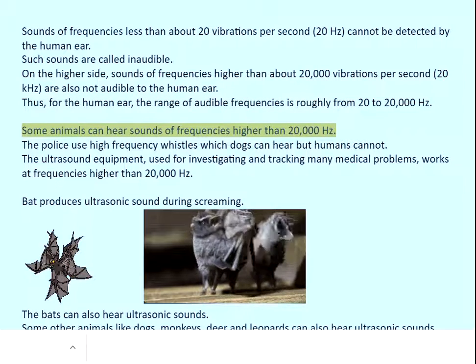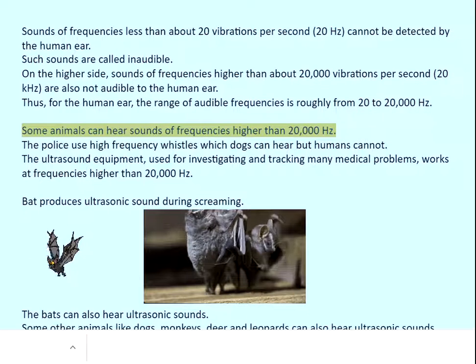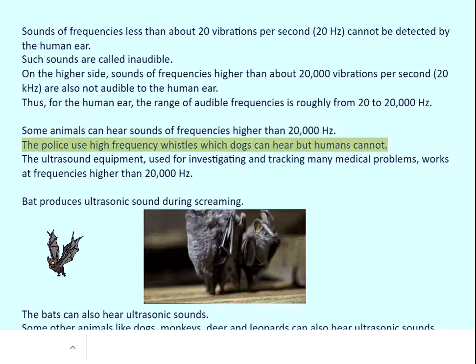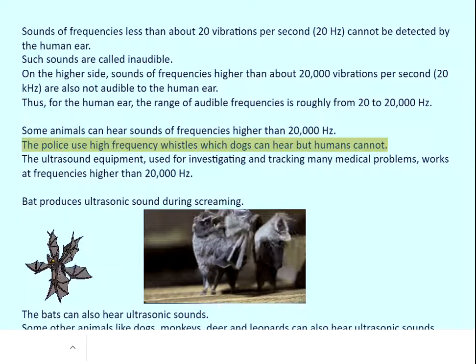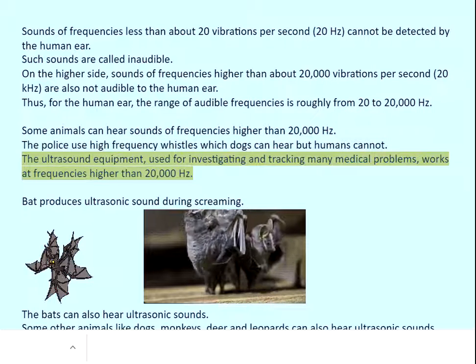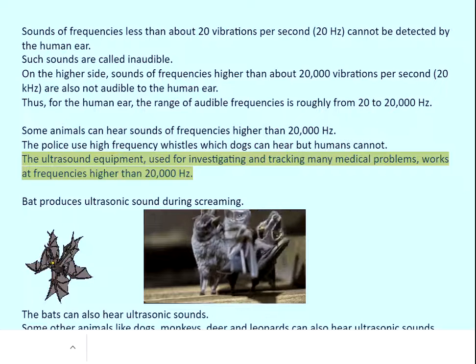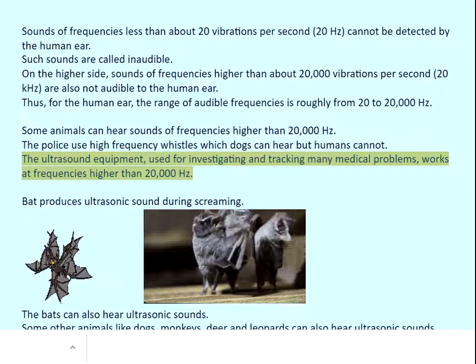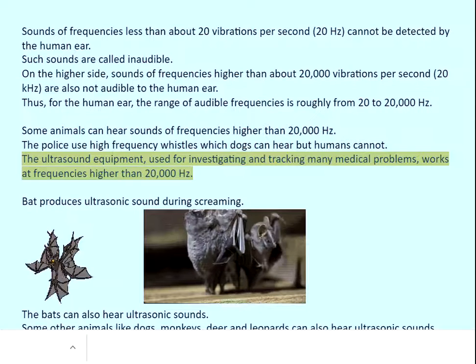Some animals can hear sounds of frequencies higher than 20,000 Hz. The police use high-frequency whistles which dogs can hear but humans cannot. The ultrasound equipment, used for investigating and tracking many medical problems, works at frequencies higher than 20,000 Hz.